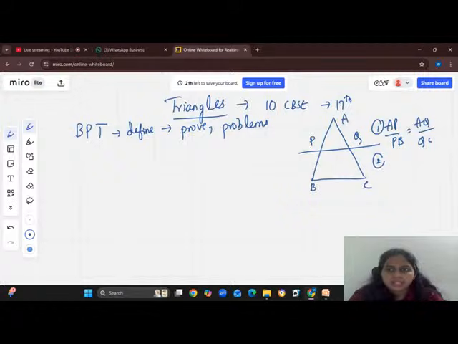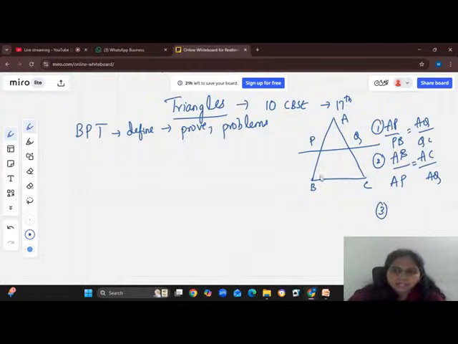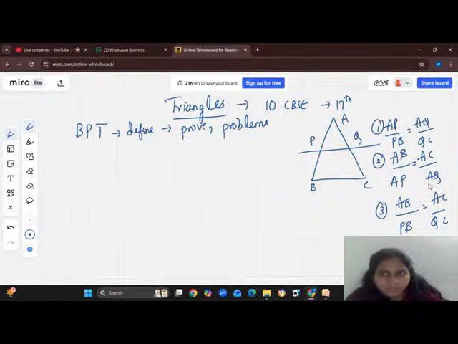The second case is the bigger side AB by the smaller top side AP, which is also equal to AC by AQ. And the third case is AB by PB equal to AC by QC. So you can use any of the three rules and solve your problems.